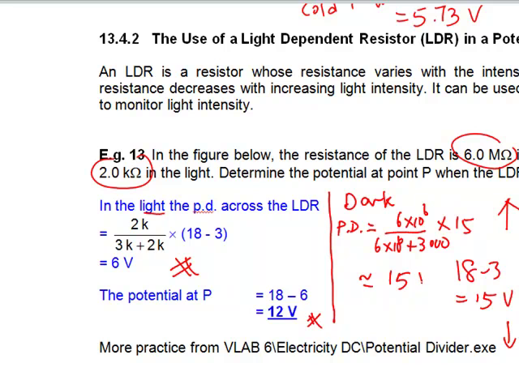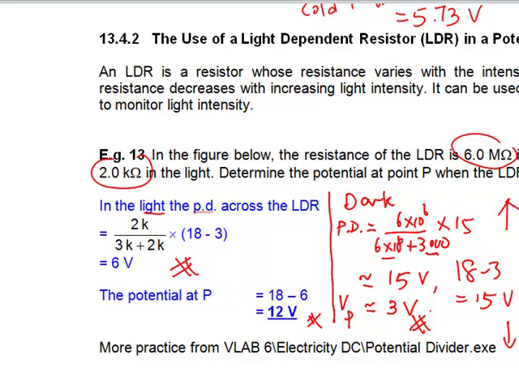Without doing the detailed calculation, because the number 3000 is quite small compared to 6 million, the whole ratio here is very close to 1. Therefore the PD is approximately 15 volt. It means the potential at P is almost 3 volt. So when it is in darkness, the potential at P is 3 volt.